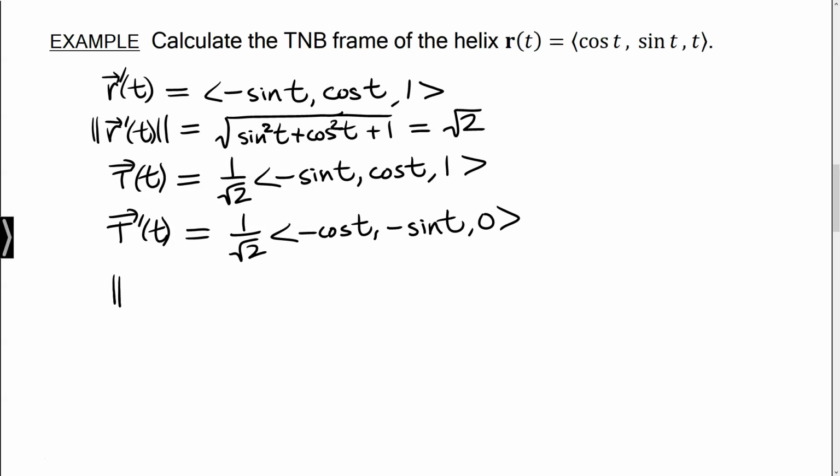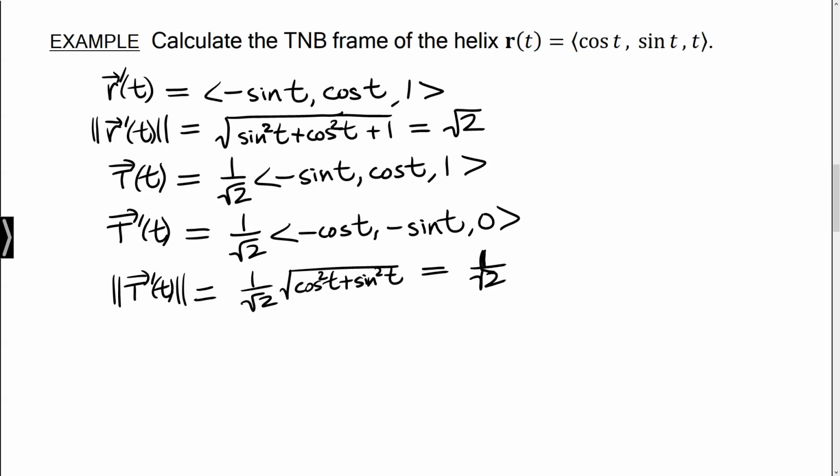And then I need to divide by the length of this, which you may already see, because it's just going to be cosine squared plus sine squared. So without the 1 over root 2, this has length 1. So it's 1 over root 2 times the square root of cosine squared plus sine squared, which gives us 1 over root 2, because cosine squared plus sine squared is equal to 1.